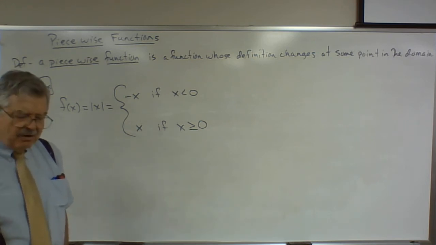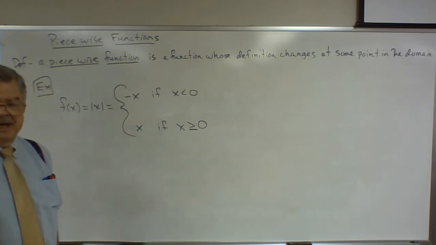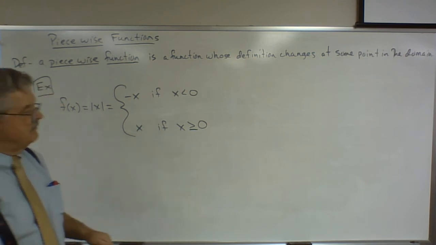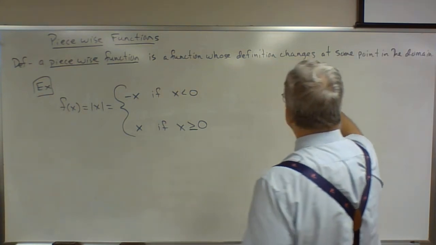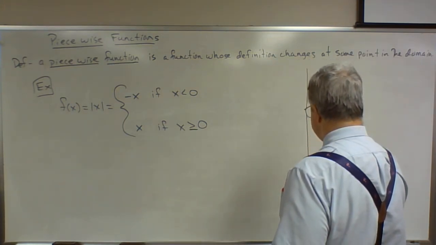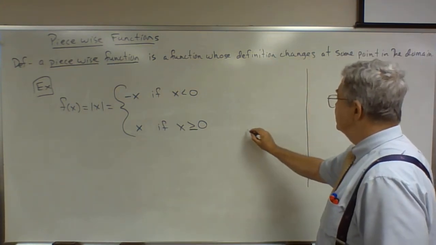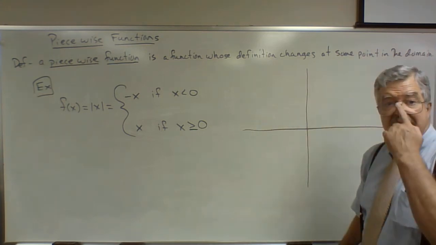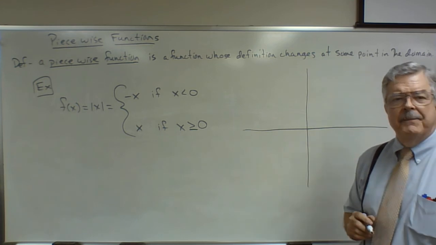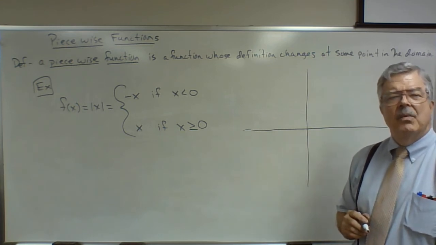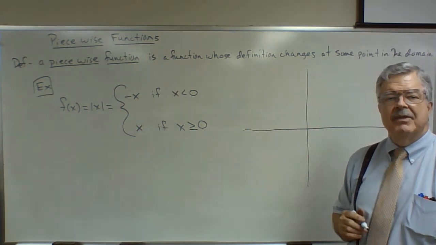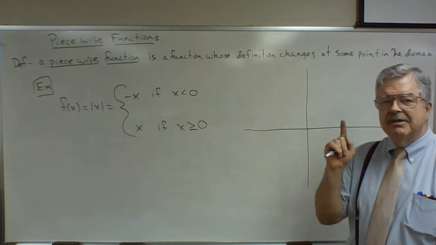And let's work with this for a little bit. First, let's draw the graph. And remember, the point in the domain where the definition changes is x equals 0. Now, what do we know about the set of points in the xy plane where x is 0?